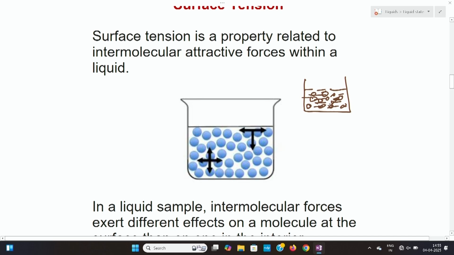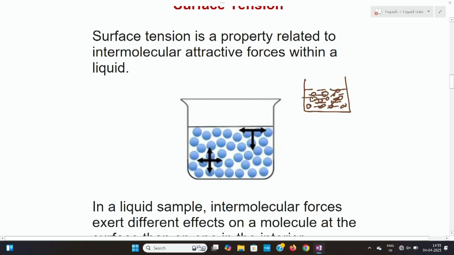In the case of liquids, the molecules are arranged like this, and there is some empty space between these molecules and there are intermolecular forces also. The molecule which is at the interior experiences force from all the directions, but the molecule which is at the surface experiences force from this direction, this direction, this direction, this direction.